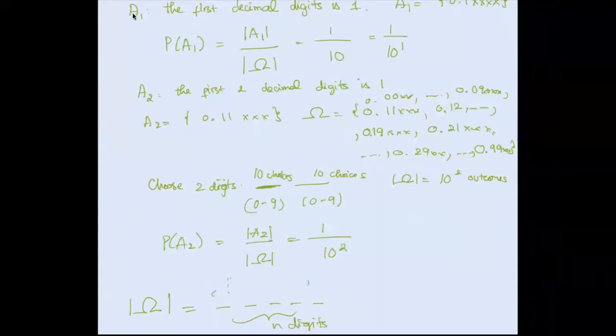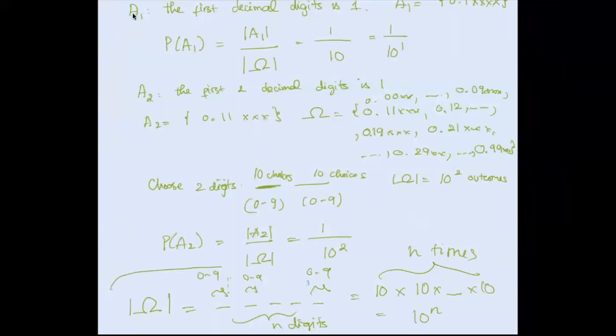For each of the digits, it can be anything from 0 to 9. Which means for each digit, you have 10 choices times 10 choices times 10 choices, and you have n digits in total. So you would just have 10 to the power of n.